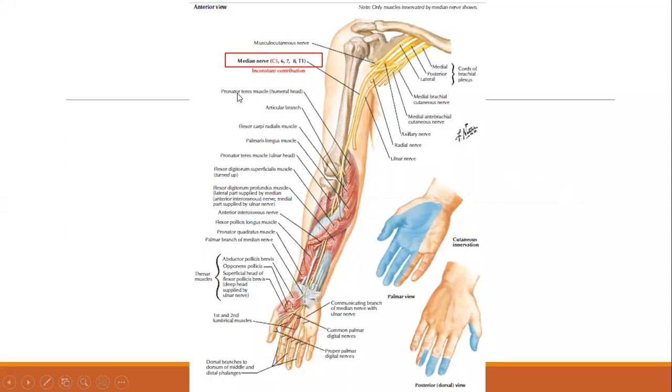So you can see how we have pronator teres, flexor carpi radialis, palmaris longus, flexor digitorum superficialis, your flexor digitorum profundus, specifically the median nerve side, your flexor pollicis longus, your pronator quadratus, and then you can see how your median nerve goes into your hand, now innervating the 3 muscles of your thenar eminence, which is your abductor pollicis brevis, your opponens pollicis, and your flexor pollicis brevis.